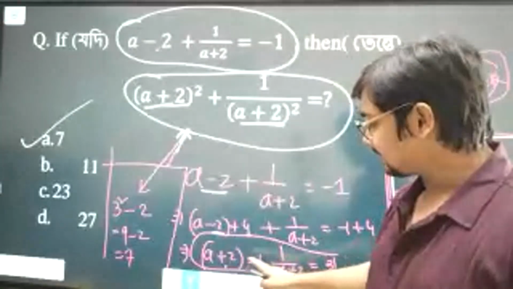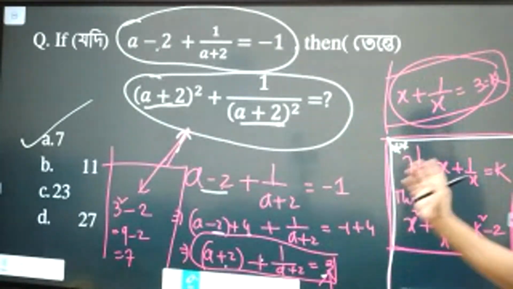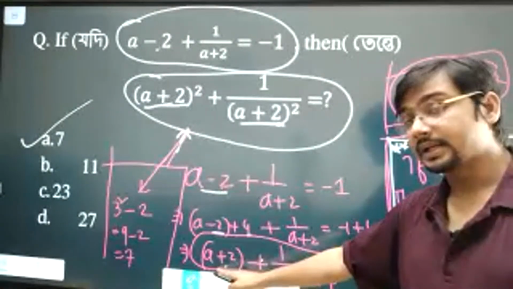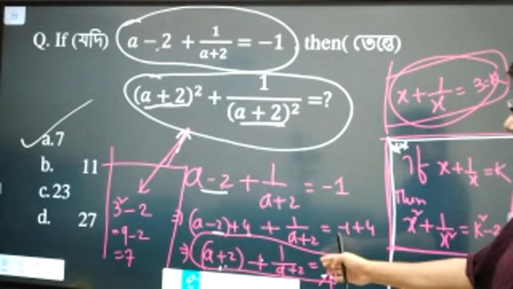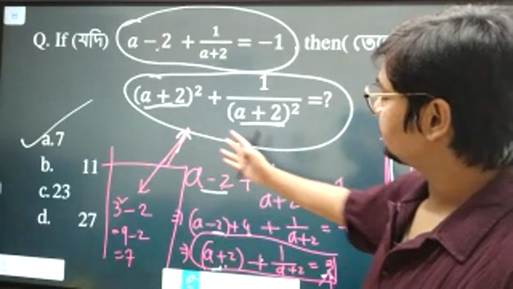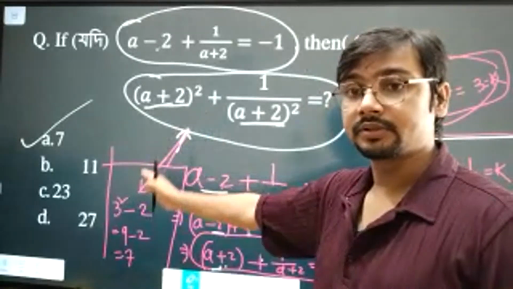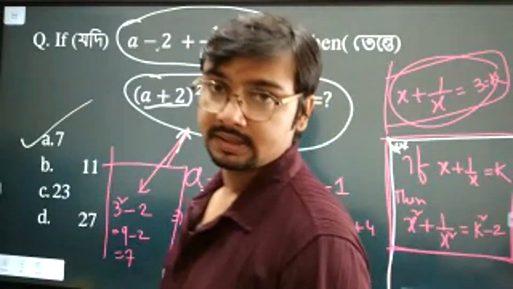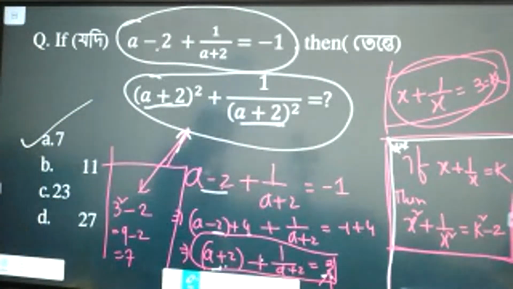Now you see x plus 1 upon x is 3 here, that means this format. So here in place of x is a plus 2, and k is 3. This value will be k square minus 2, k means 3, so 3 square minus 2, that means it will be 7. Is it okay, guys?